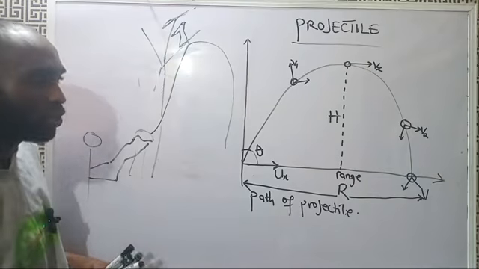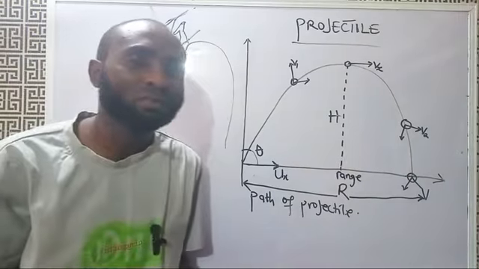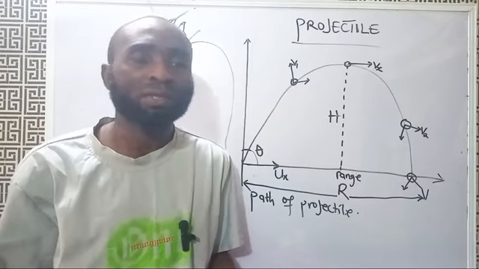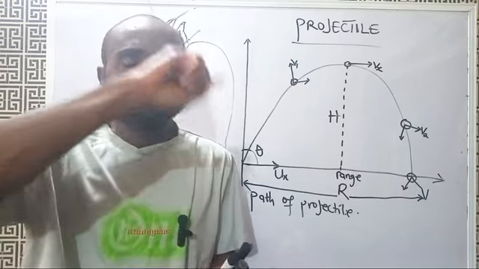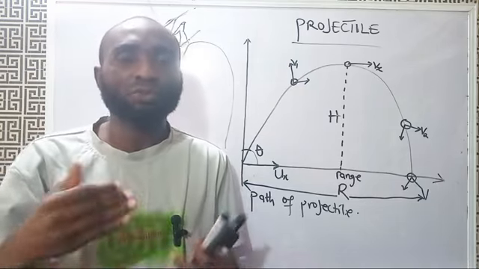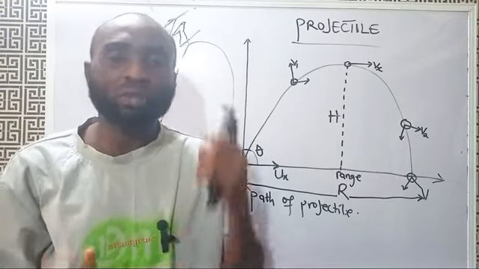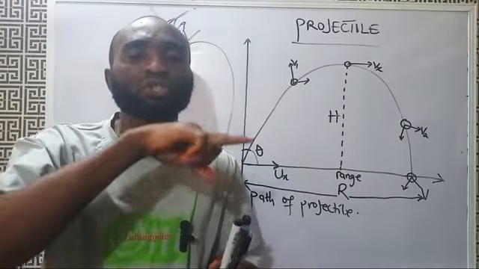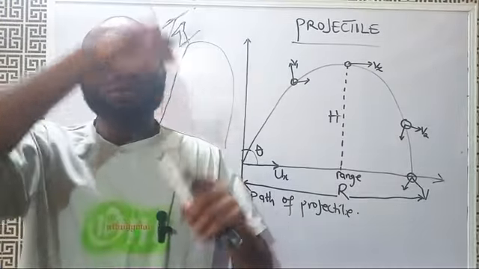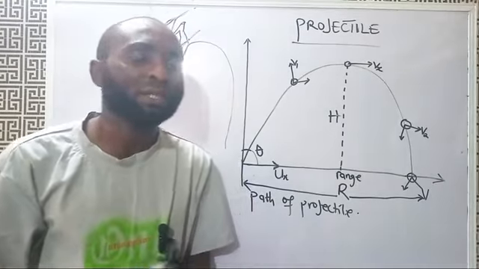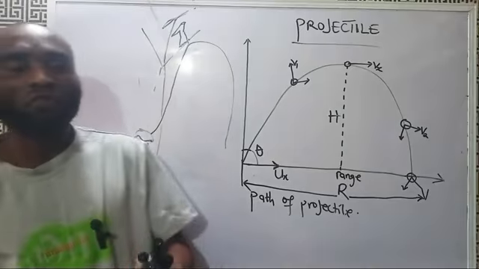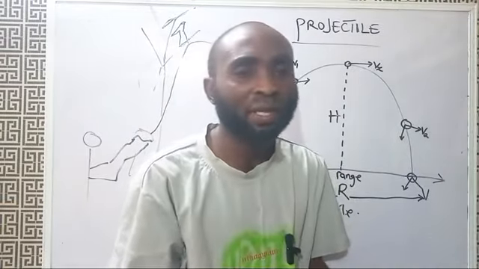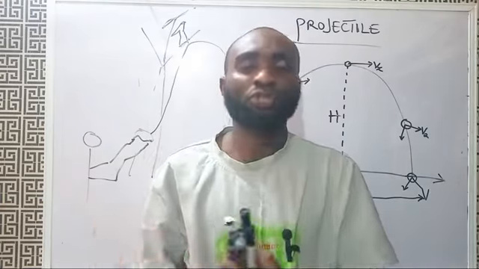Or assuming you fired a gun, if a bullet is released or fired from a gun, assuming you use a gun to target somebody or target an animal, that bullet will travel and return back to the ground. These are the kinds of bodies or objects undergoing projectile motions.